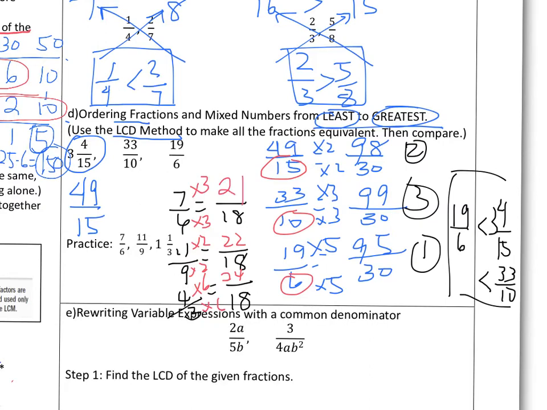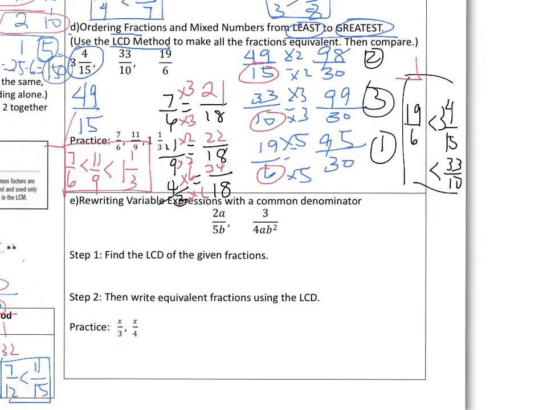Okay, we are done. So we know 7 over 6 is the smallest one, and then we have 11 over 9, and then we have 4 over 3. And this is our answer.